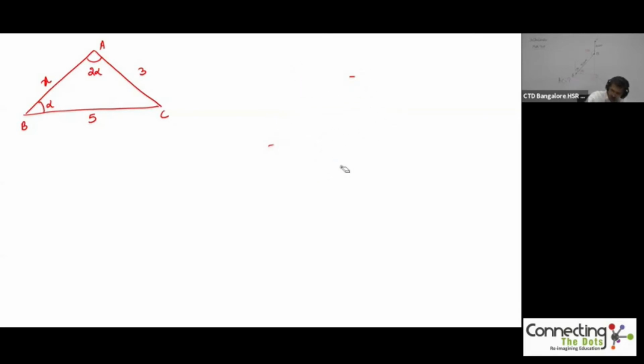We can do it using the sine rule, we can do it using the cosine rule, and we can do it using Heron's formula as well. So let's use the cosine rule. So it becomes x squared, so we'll take AC square, which is a known side, is equal to AB square plus BC square minus 2 AB BC cos alpha.